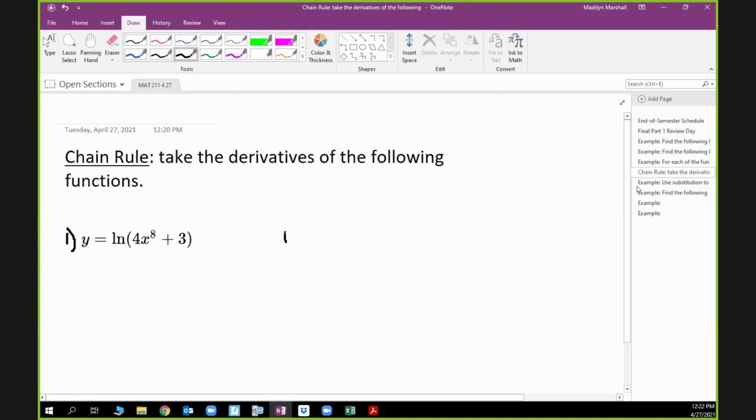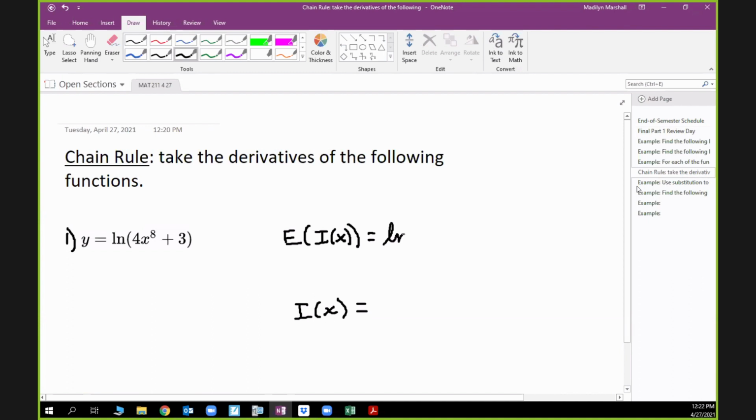So if we are using our chain rule notation, we're going to have an exterior function and an interior function. So the 1 over x for the exterior. So that'll be the derivative, but what is just the exterior? Oh, natural log x. Yes, exactly.